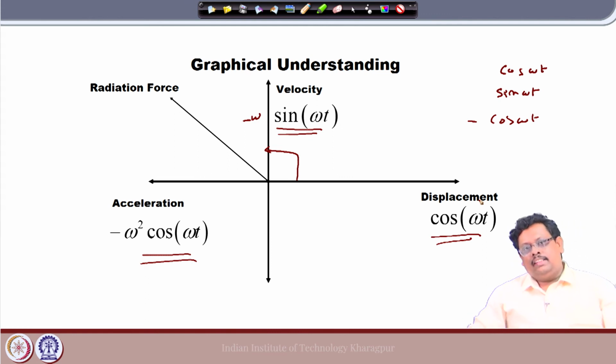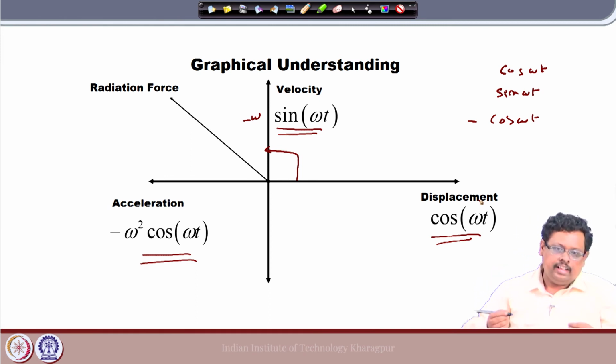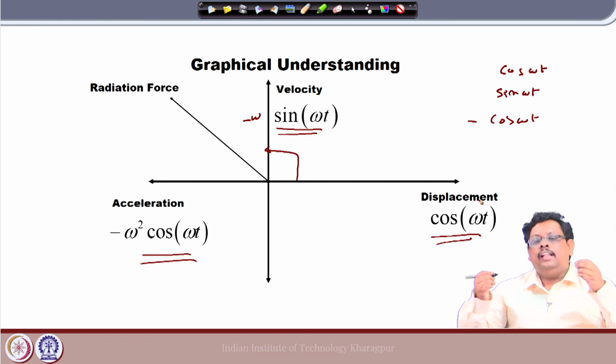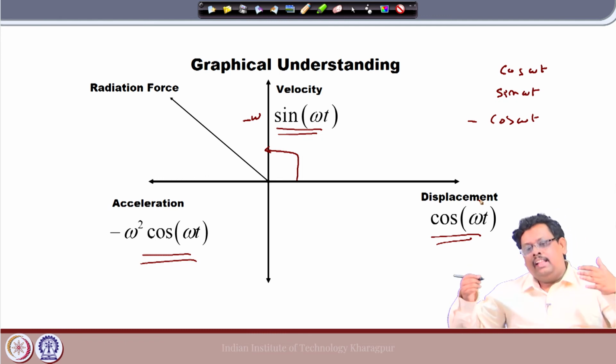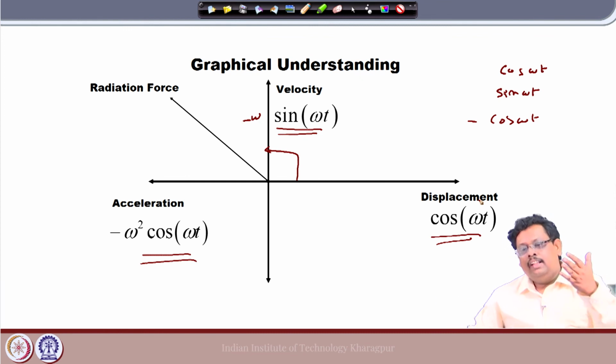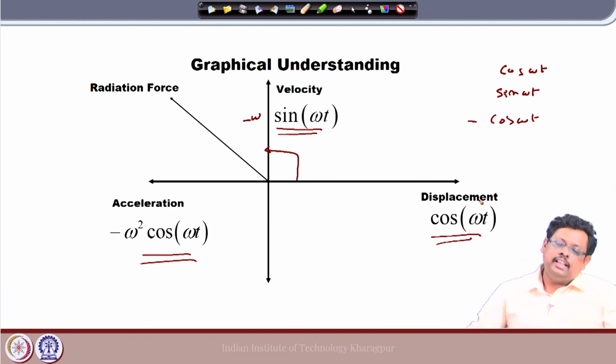My argument is that when the ship starts oscillating and creates the waves, there is a phase lag. When something starts oscillating, you have a pressure field around the body, and because of that pressure field you have some forces, and this wave got created because of this force, and that is why this force is called the radiation force.